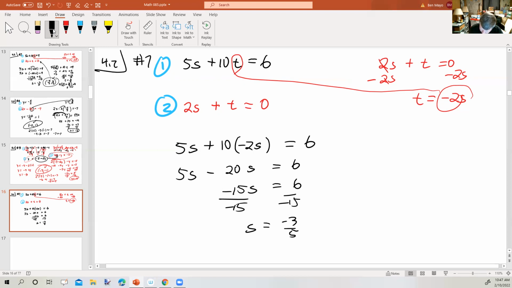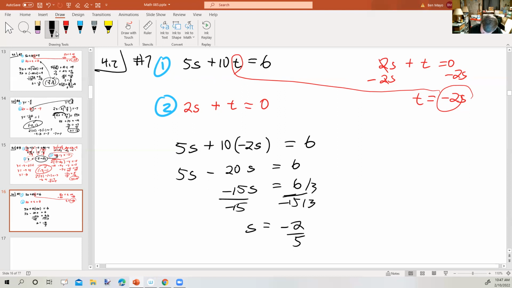Let's try that again. How about negative 2/5? Because we would reduce the top by 3 and the bottom by 3, we get negative 2/5. My bad, sorry about that. Okay, so once again, we've got a single solution. S is negative 2/5.